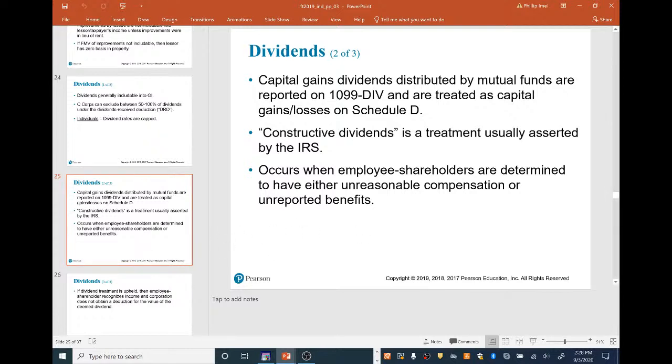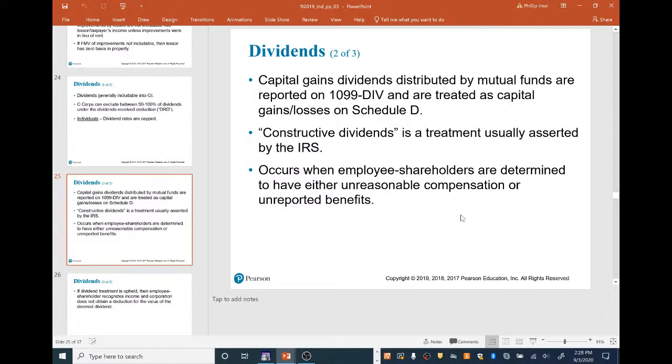The reason why employees or shareholders here could have unreasonable compensation or unreported benefits is that a lot of times these big corporations, as a way to avoid double taxation, because C corps are subject to double taxation once on their earnings and then again when they distribute those earnings in the form of dividends. So a way that a lot of these owners, shareholders, or employees will try to get money out of the firm to avoid double taxation is to have a really high salary.